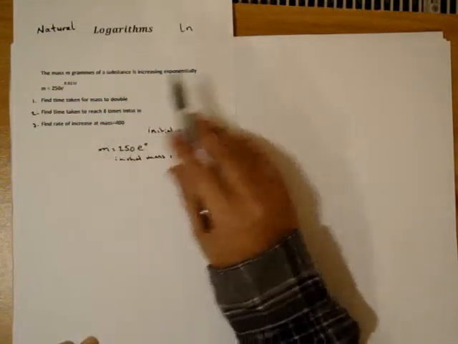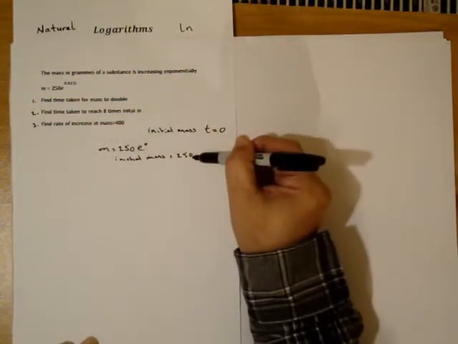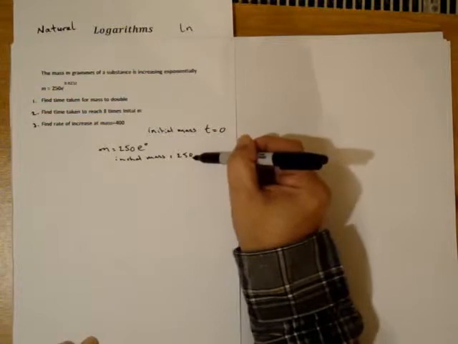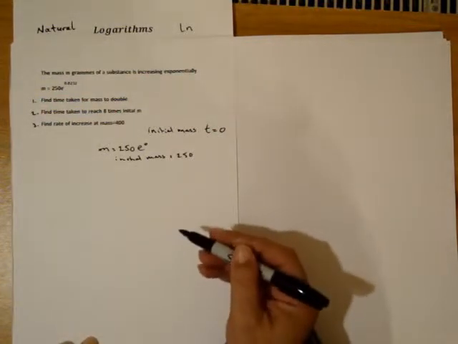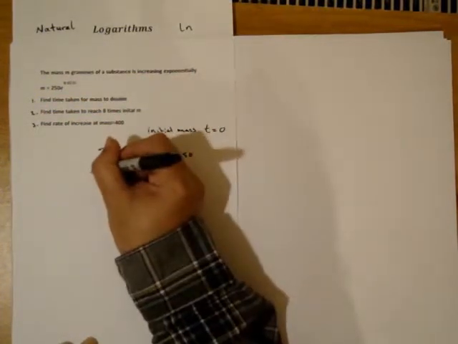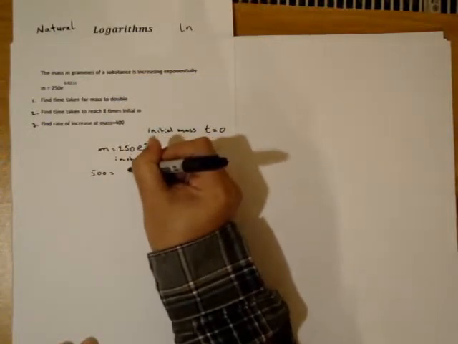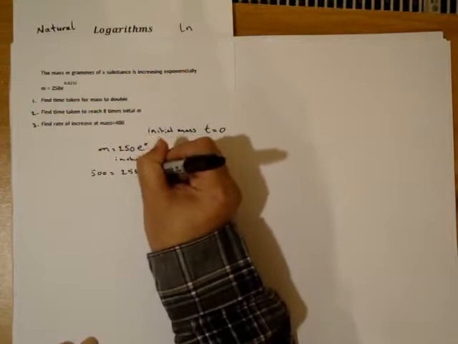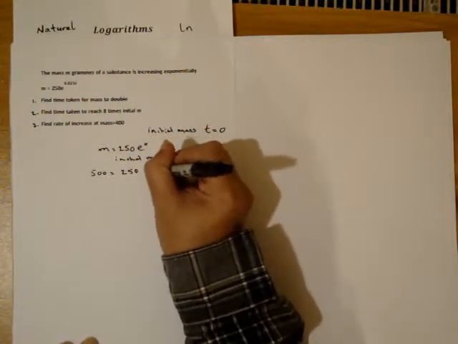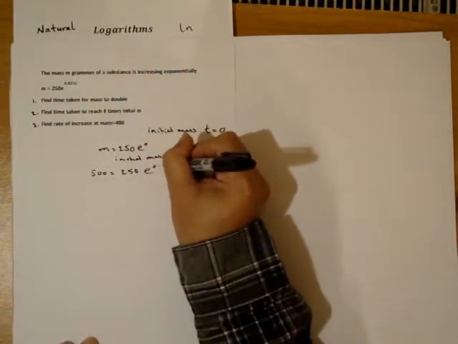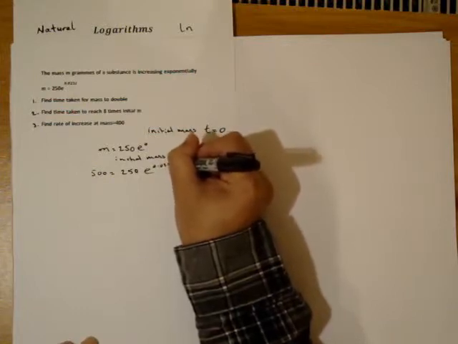We want to know the time taken for the mass to reach double its initial value, which is 250, so it's going to reach 500. So 500 equals 250 e to the 0.021t.